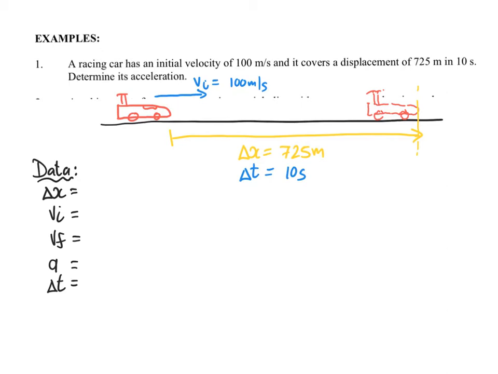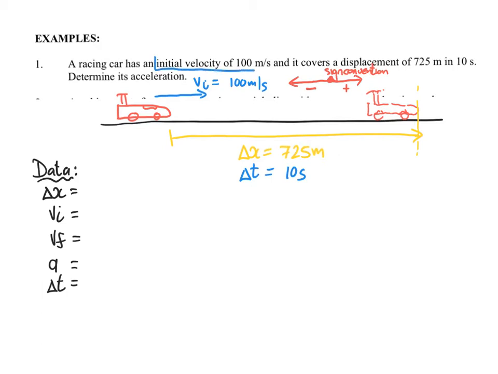So the first thing I would like to suggest is, as we did with forces, to assign a sign convention. So I'm going to define the original direction of motion as positive and the opposite direction as negative. Now, the initial velocity is 100 meters per second.